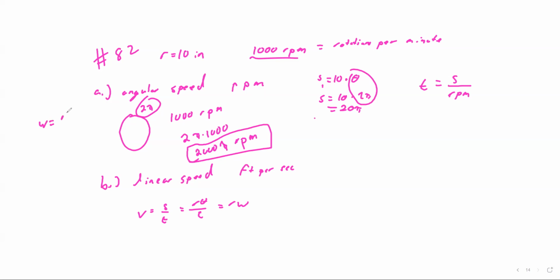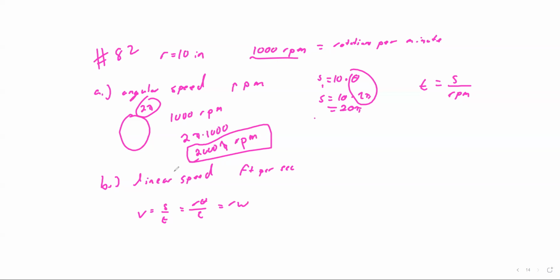So W equals, or was it theta over time, right? So we were given, maybe, time was 1,000 per minute times angular speed, which was 2 pi for around the circle. I don't know how to use the formula, but logically speaking, if the circle went 2 pi and we did it 1,000 times, then we went 2,000 pi.